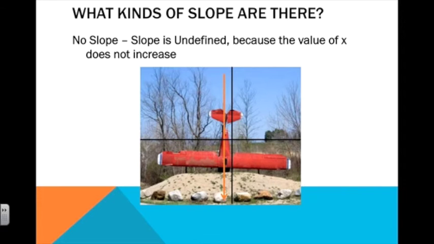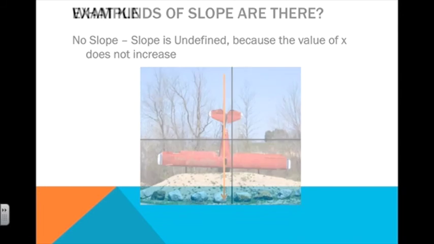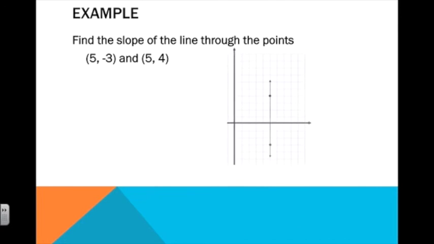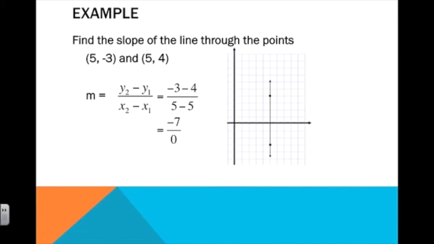Let's take a look at an example of that. Here we're going to find the slope of the line through the points (5, -3) and (5, 4). So again, I use my formula. I plug in the points, negative 3 minus 4 over 5 minus 5, and here we have negative 7 divided by 0.